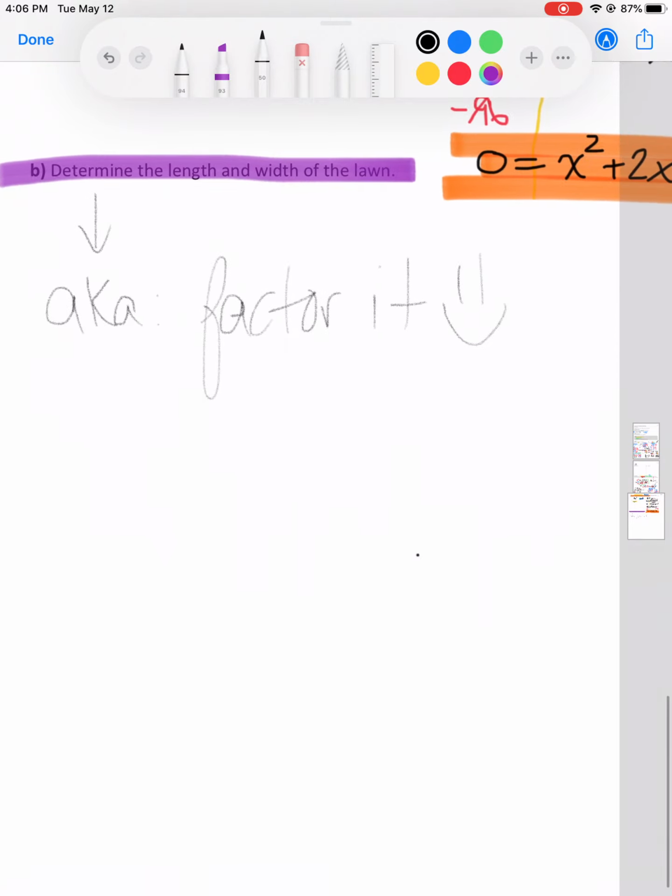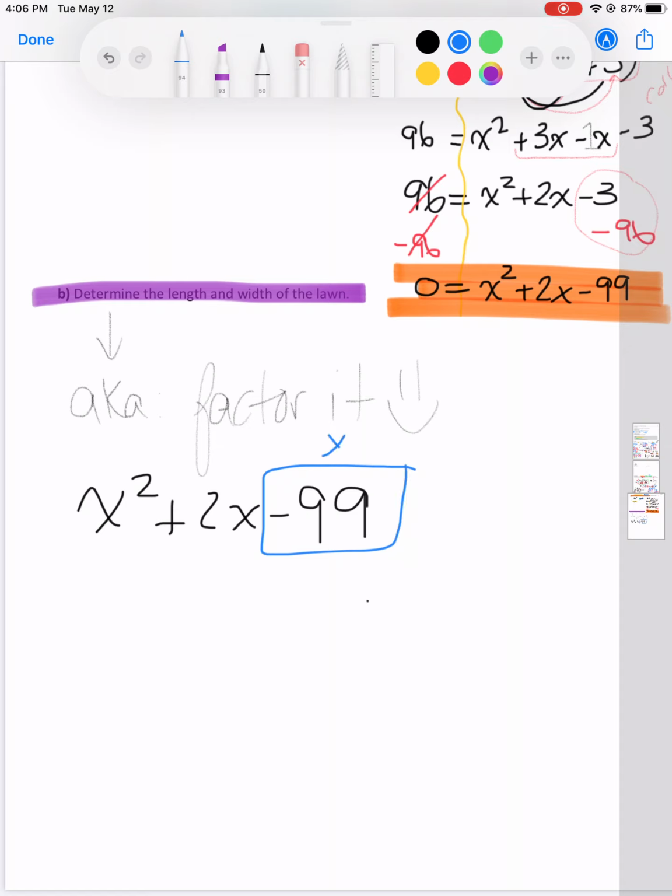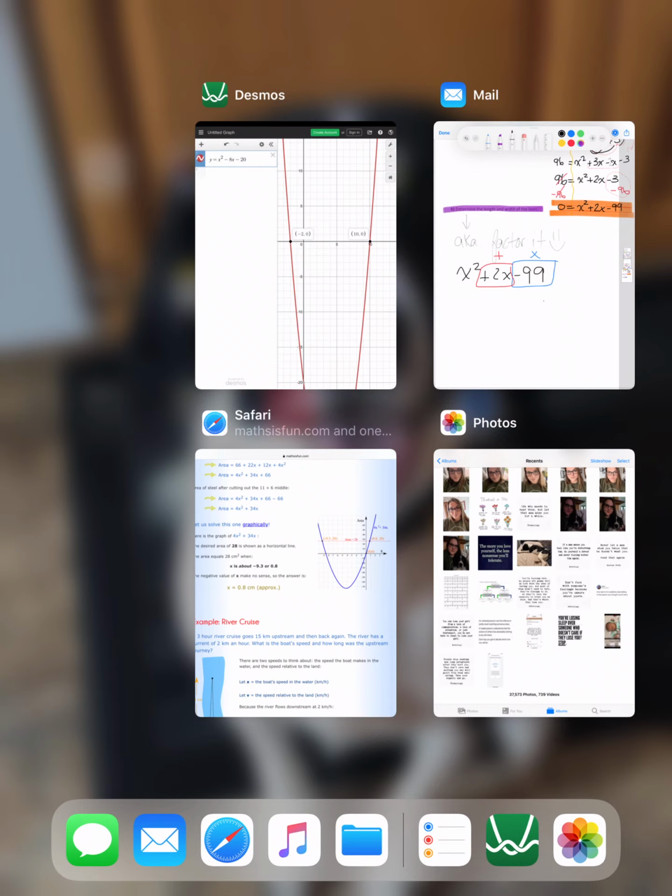So, let's get our equation. Two numbers that multiply to this and add to this. Okay, so what's our side note? Our B is positive, our C is negative.